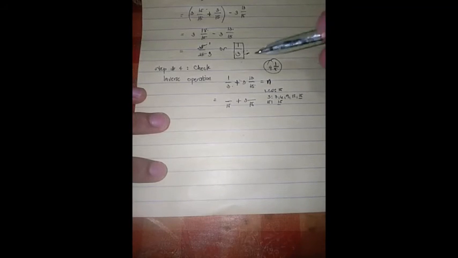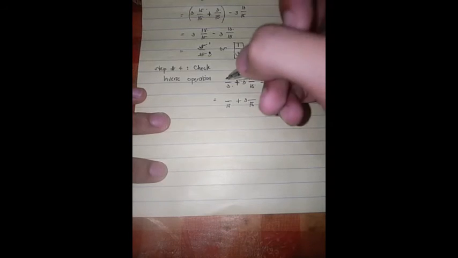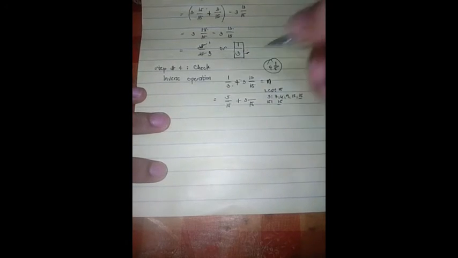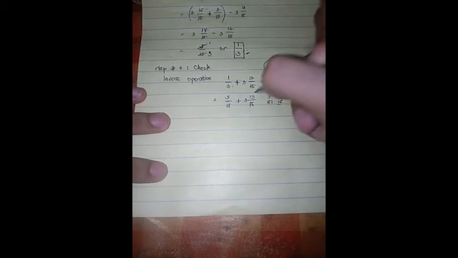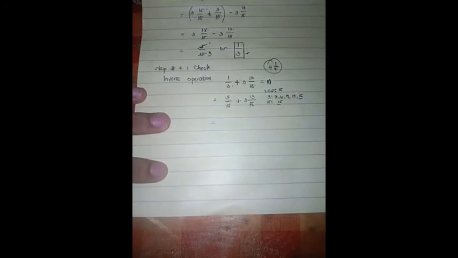So next, we need to multiply the numerator sa mga nakuha natin na factors. So 1 times 5, we have 5. Then 13 times 1, we have 13. So is equals. So since meron na tayong similar fraction, pwede na natin siyang ma-add.